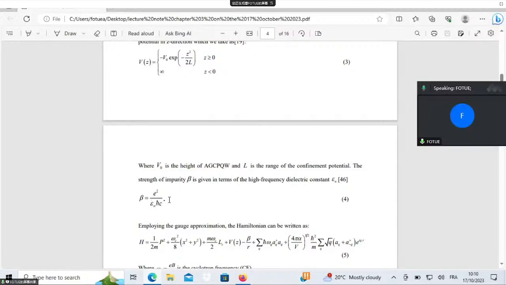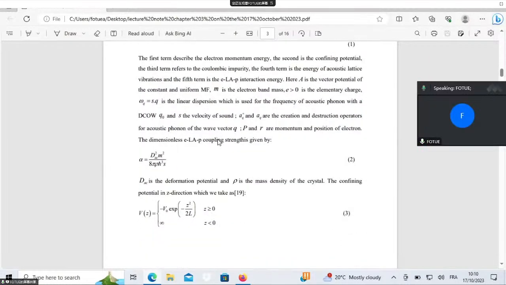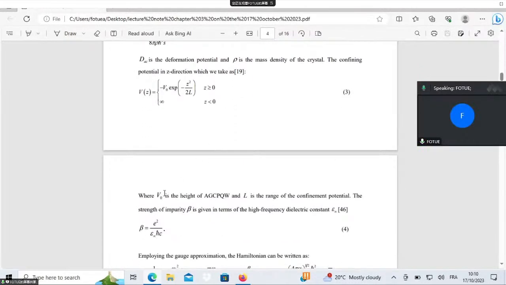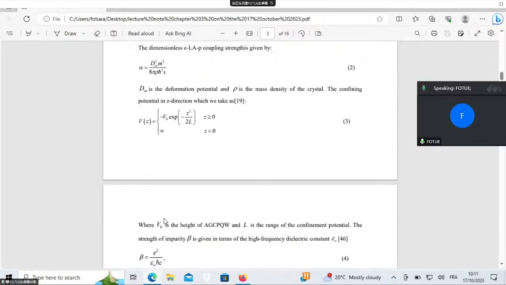And we see from here that beta is proportional to E square and inversely to epsilon infinity. From here, we can see that this expression is exactly the expression of Coulomb, because this E square has the dimension of two interacting charges.